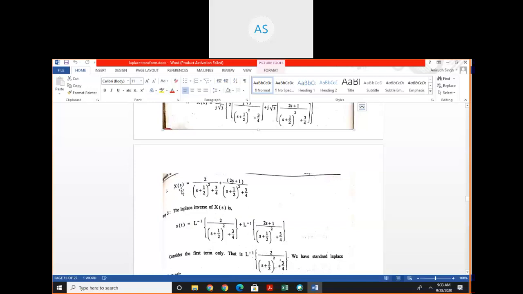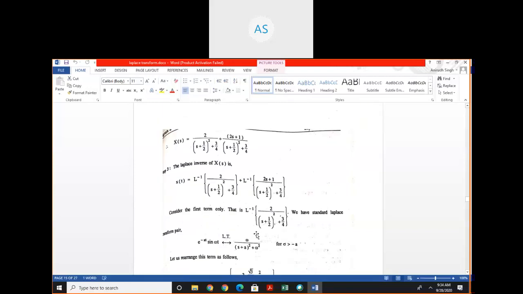Separate the expression into real part and imaginary part, and then simplify. You get the expression for X(s). Then take the inverse Laplace transform.